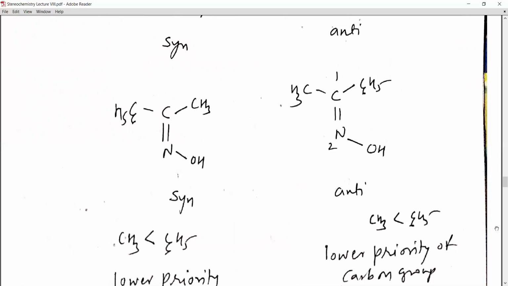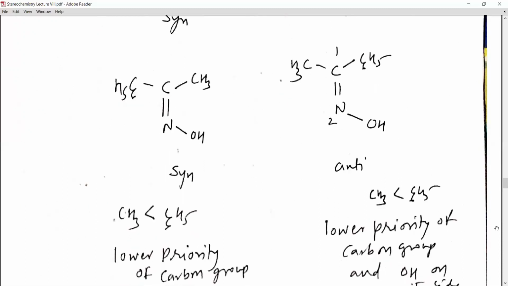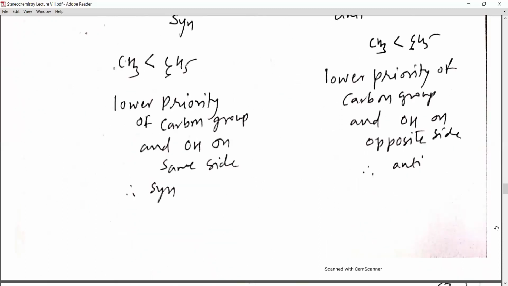Similarly, in this molecule we can see this carbon's higher priority group phenyl and nitrogen's hydroxy group are on opposite sides, or we can say the lower priority methyl group and hydroxy group are on the same side, so it will be referred to as syn, whereas in this molecule the hydroxy group and carbon's lower priority group are on opposite sides, so it will be referred to as anti.